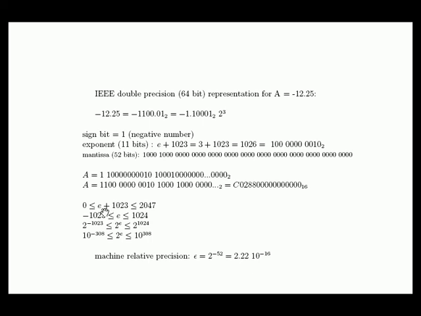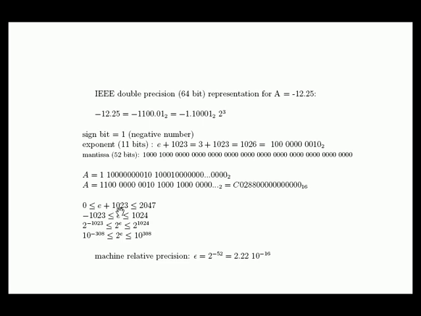Meanwhile, the exponent is stored in 11 bits after you add 1023 to it. Well, what's the point of that? Those 11 bits can store anything between all zeros, which is 0, and all ones, which would be 2047.